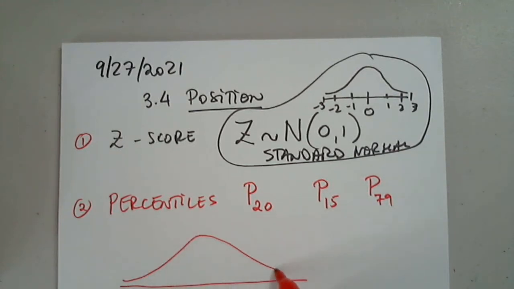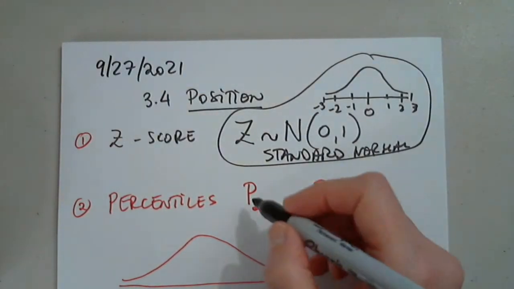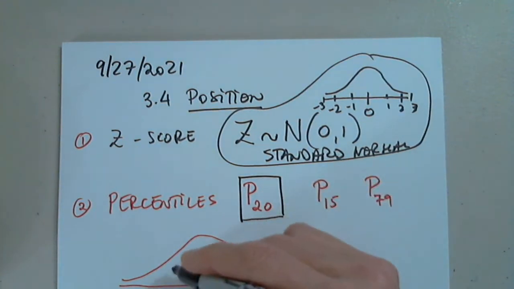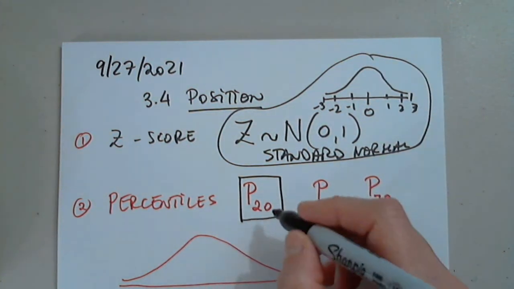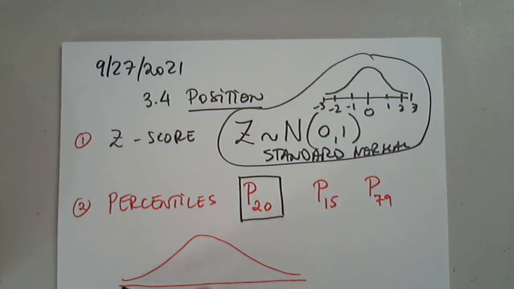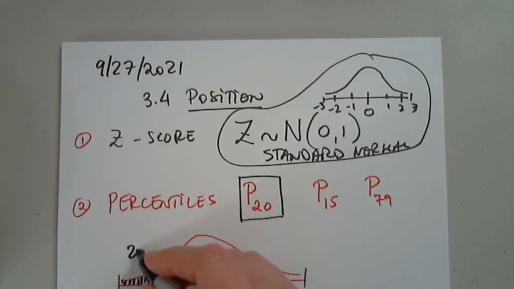Let's suppose we're interested in specifying the location, in a symmetric distribution, of P20. So this is 0, and this is 100%. So 20 would be roughly somewhere here. Why? Because this will be 20%.